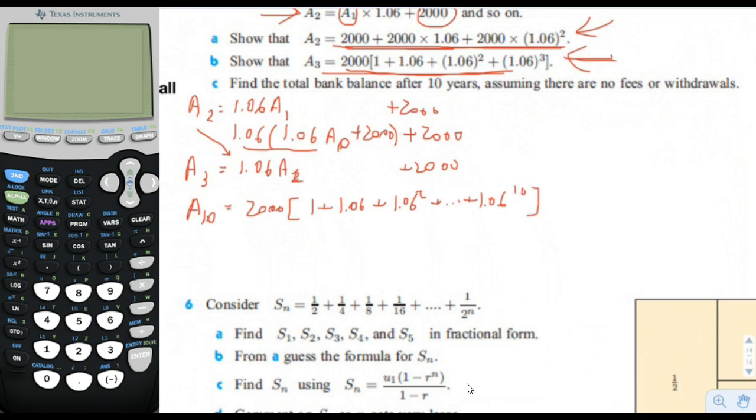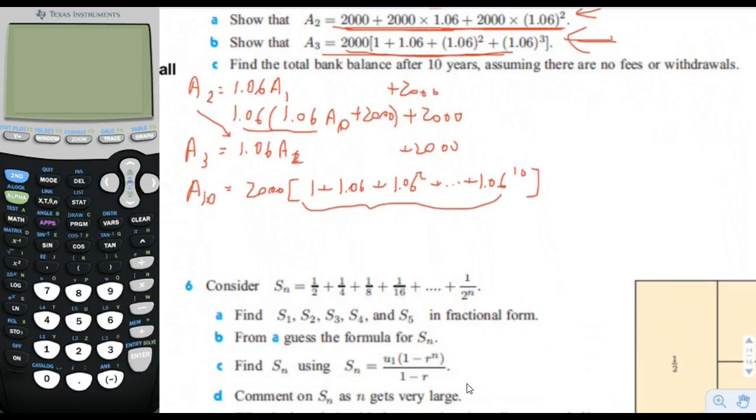Okay, and then the thing is, we know how to calculate the sum of this because this is a geometric series, right? So we could put that U1 is equal to 1, R is equal to 1.06, N is equal to 11, right? Because there's 11 terms here.